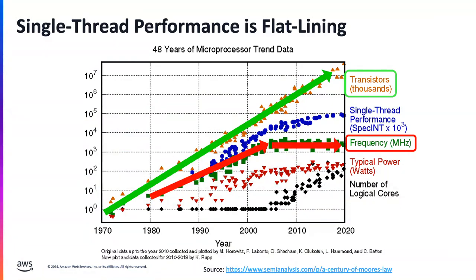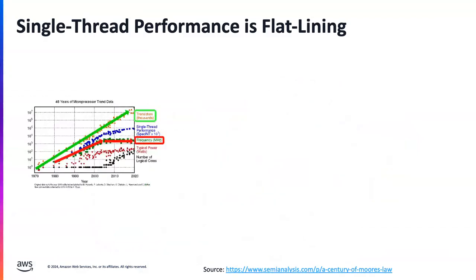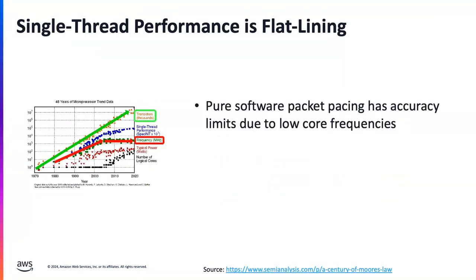And that's what our challenge is. Our challenge with things like 2110 is that pure software packet pacing accuracy has significant limits due to the limits of the core frequency. So yes, we can throw a lot of data out there, but our accuracy to be able to tell exactly when to send it out there is limited.